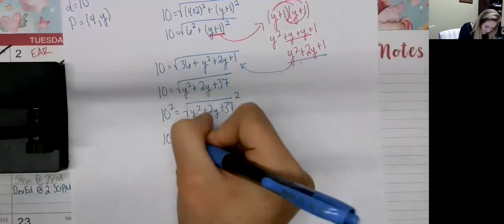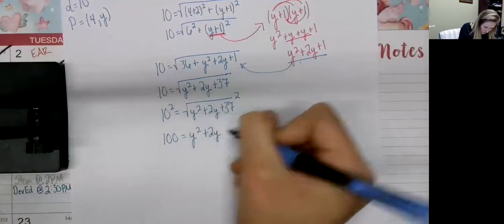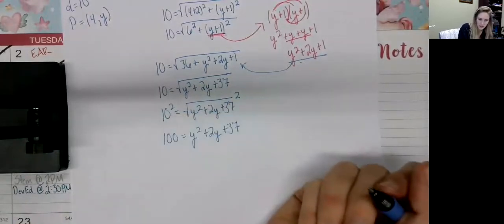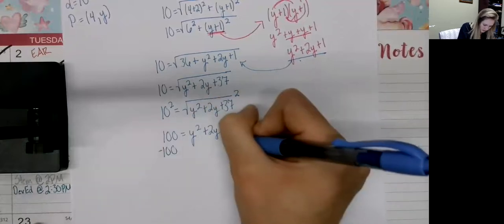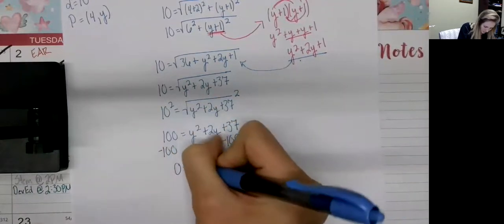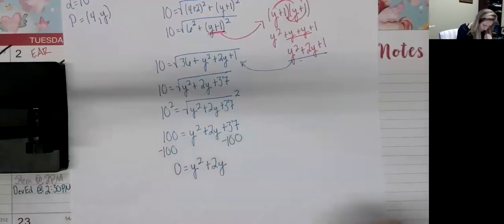So we'd have 100 equals y squared plus 2y plus 37. Now then, since it's a quadratic equation, I need to make this equal to 0. So we're going to subtract our 100 from 37. So now I have 0 equals y squared plus 2y minus 63.